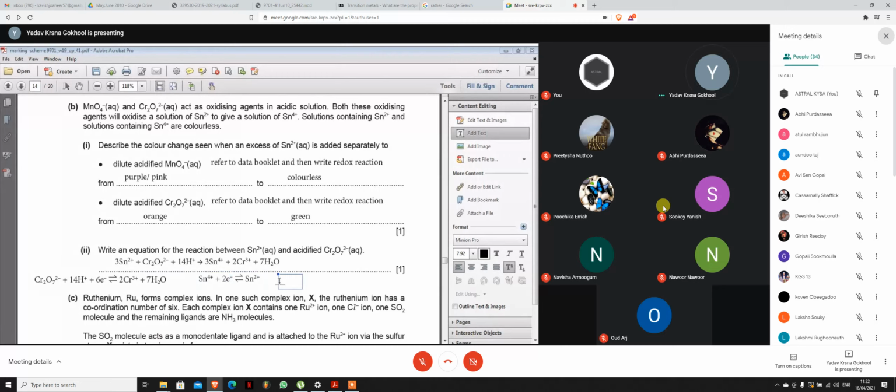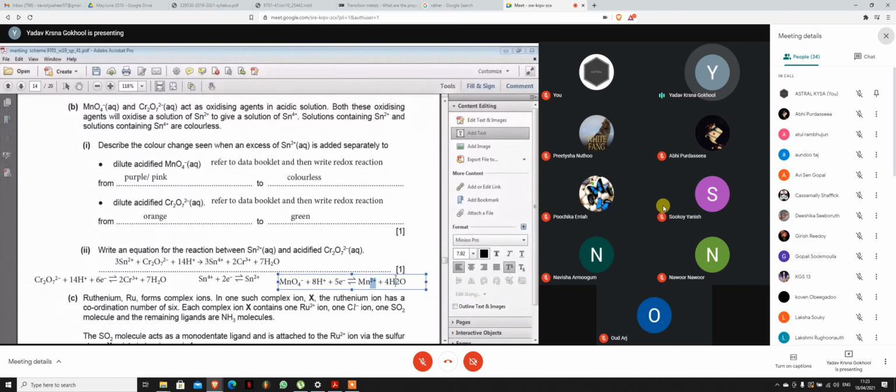So we could have taken this also, or may have asked us to work out with this equation. So MnO4 minus, x minus 8 is equal to minus 1, x is equal to plus 7. So when it is in the +7 state, it is purple. But then when it becomes the +2 state, it becomes colorless.